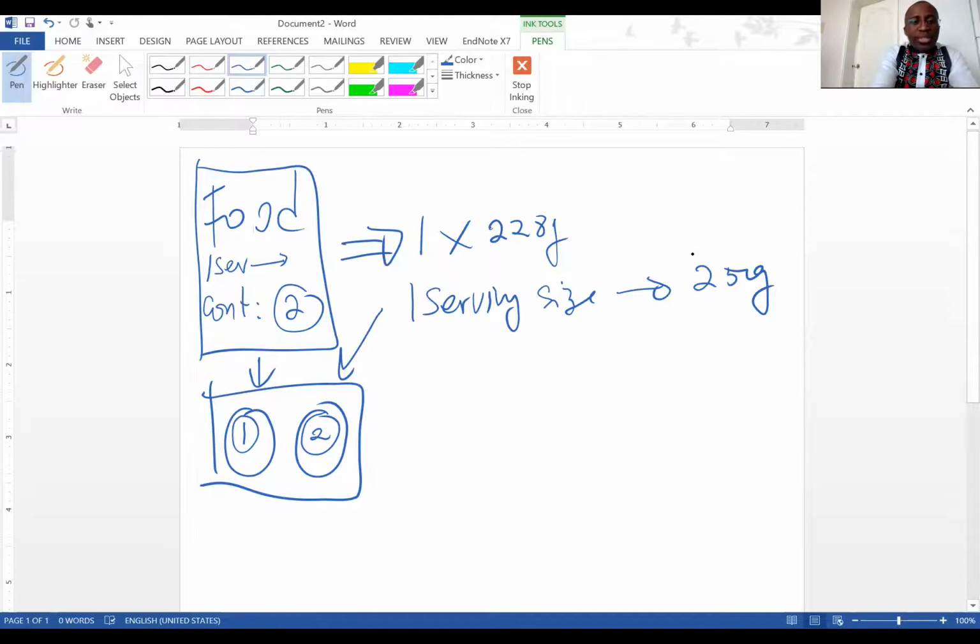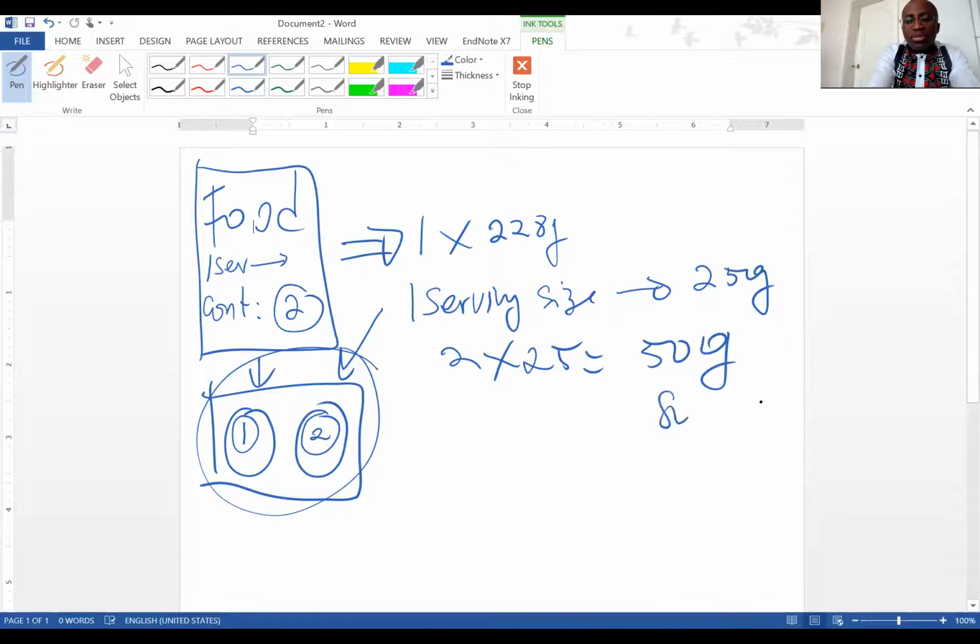But if you eat the whole food, it means that you ate 2 by 25, it means you ate 50 grams of sugar. I hope you understand this. Very, very important. Number 1, serving size. And number 2, containers. How many do I have inside?